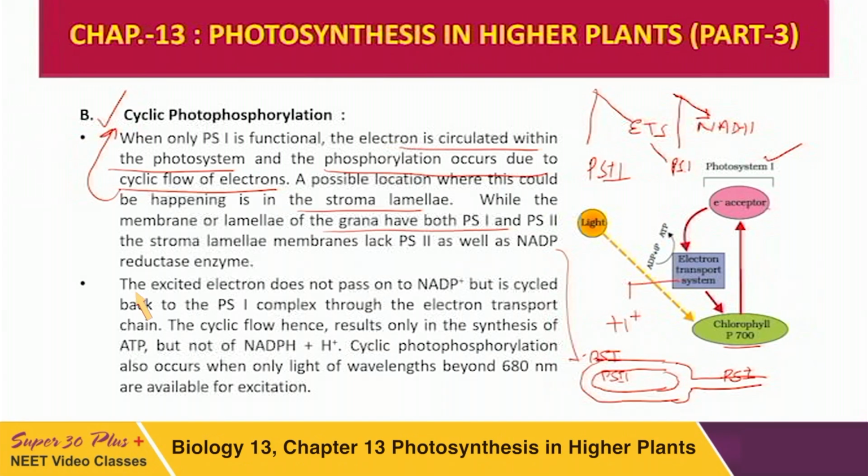This I told you, excited electron doesn't pass on to NADP in this cyclic photophosphorylation. That will be back to the photosystem 1 complex through the electron transport chain, and therefore a cyclic flow will result, and only the synthesis of ATP will be here in cyclic flow. There is no reduction of NADP, and there is no generation of oxygen, or oxygen is not liberated. There is no photolysis of water, is it?